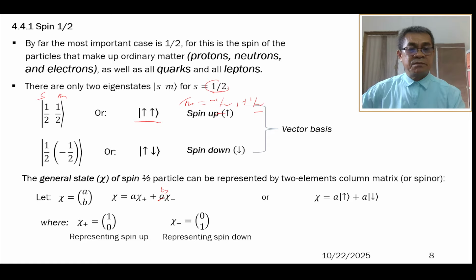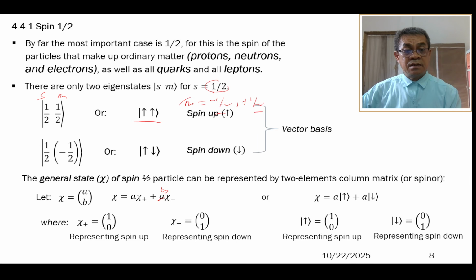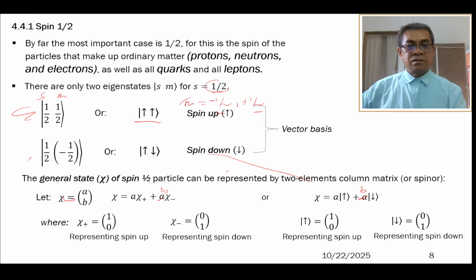Or this can be written for simplicity as a column matrix with elements a and b, two elements, column matrix.